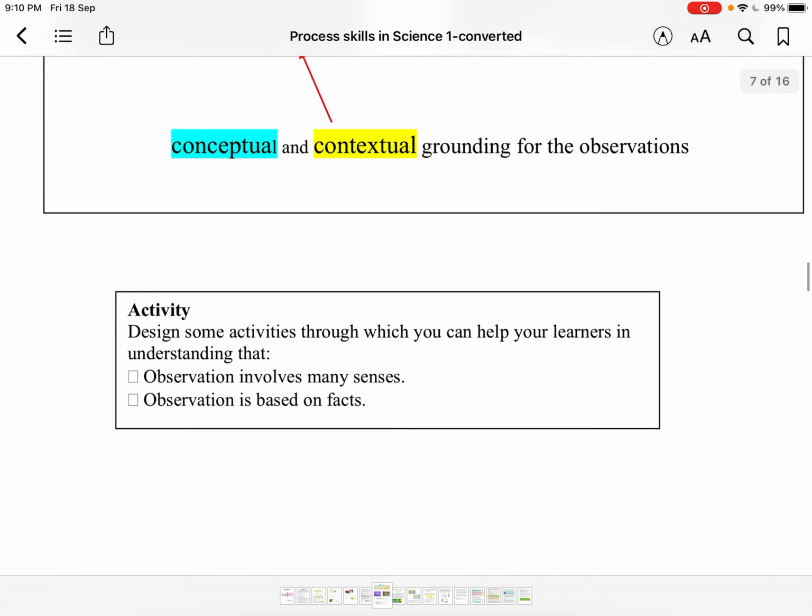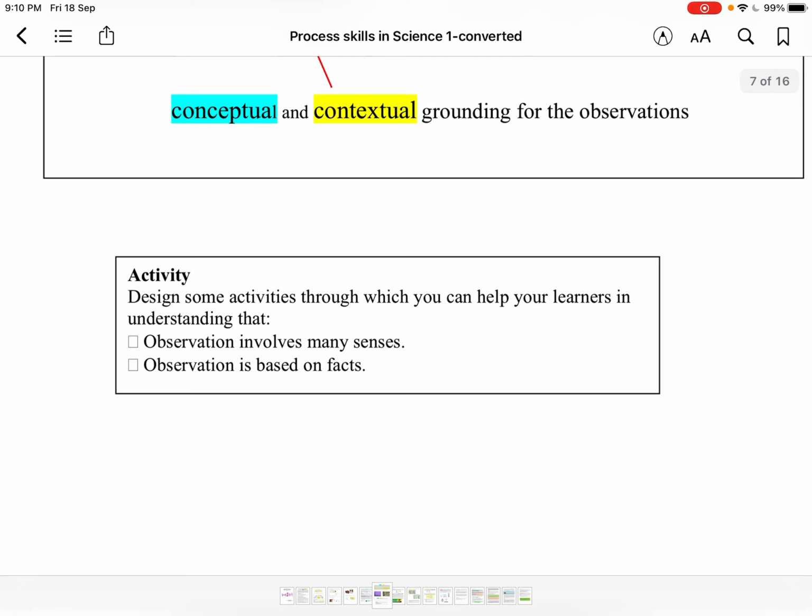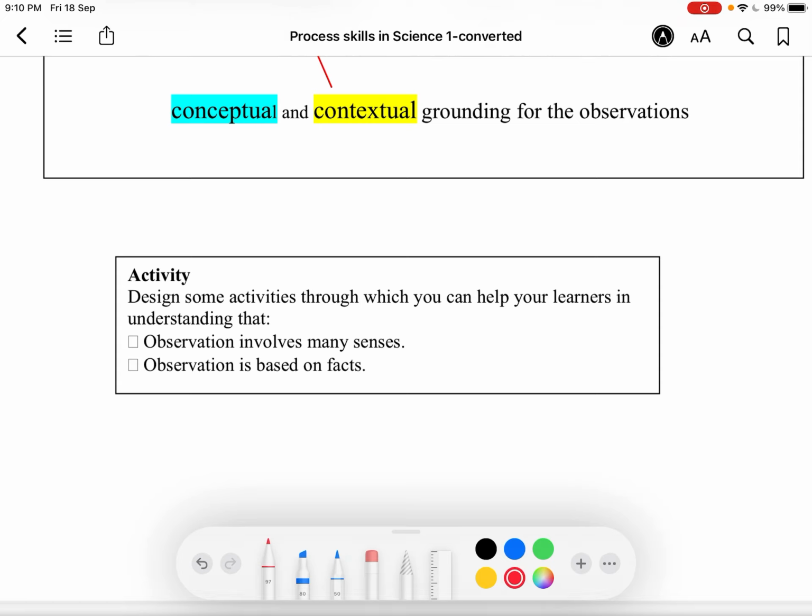And now to develop these objectives, observation skill, you can organize this type of activities. You can design some activities, what I have mentioned just now.